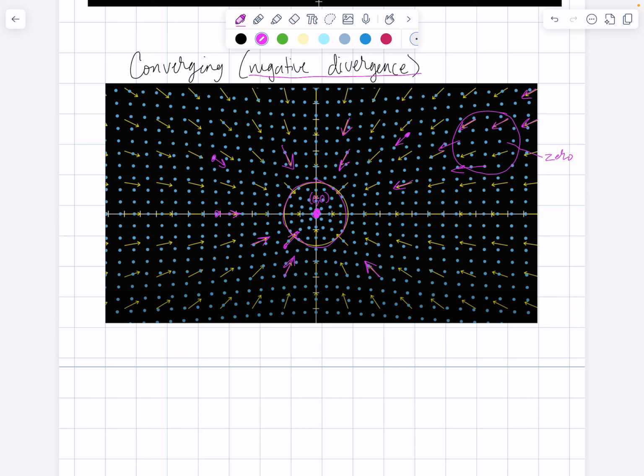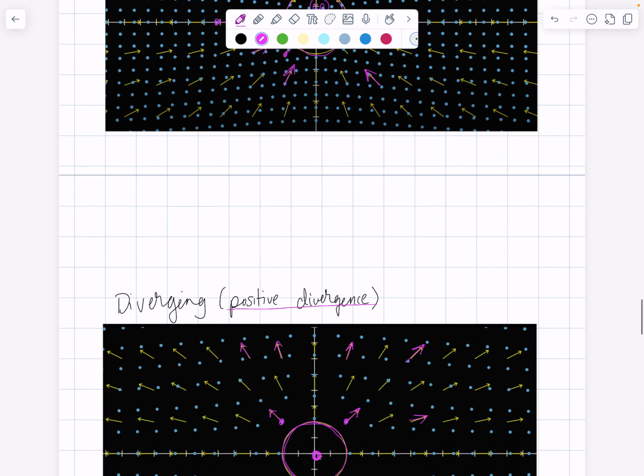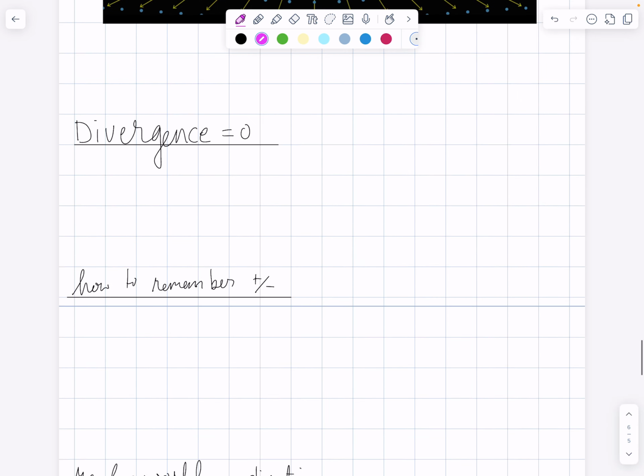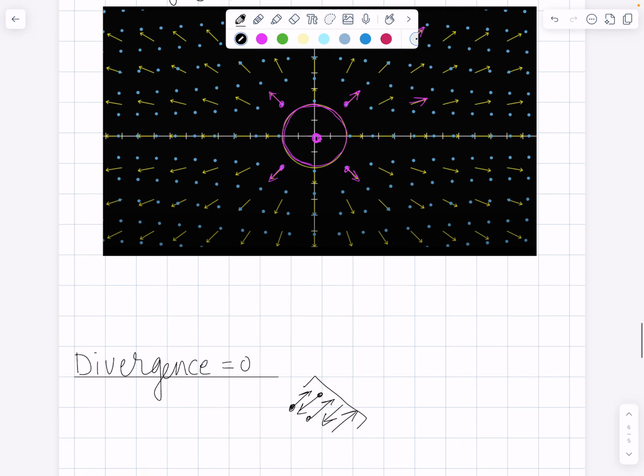There's not really a net change in how particles are moving in that region. So yeah, divergence equals 0. And another example of this could look like something like this. Anything where our net change would be 0.